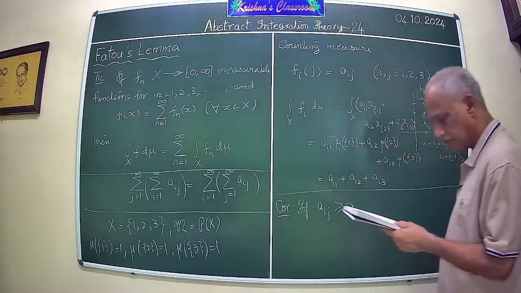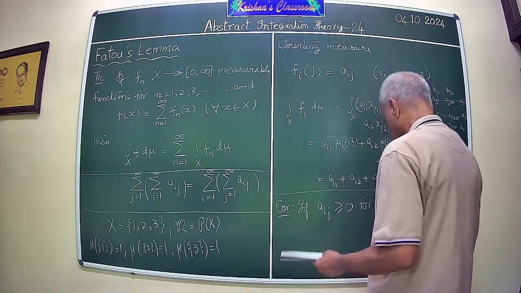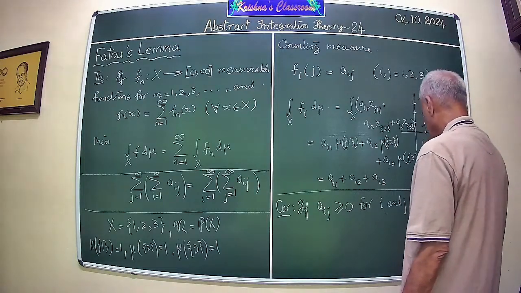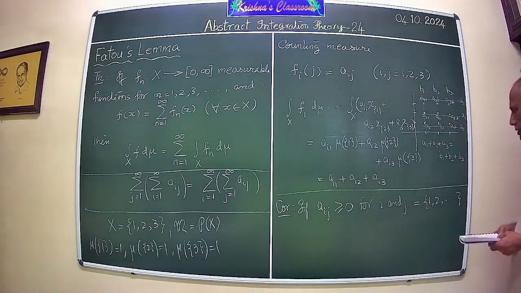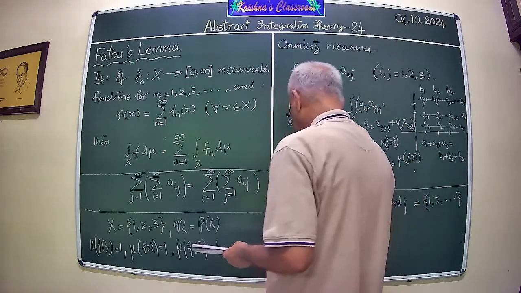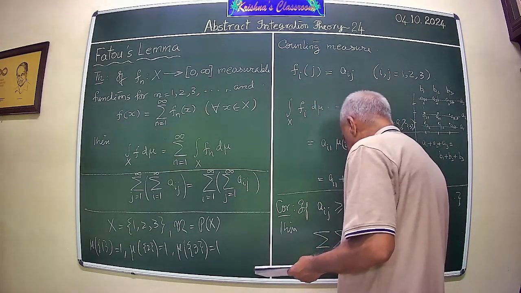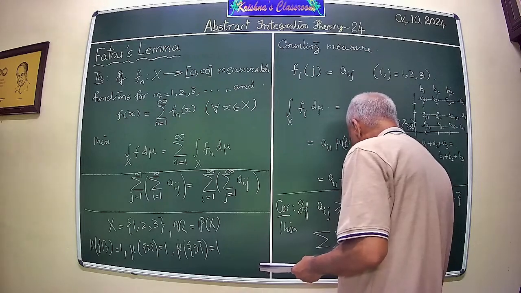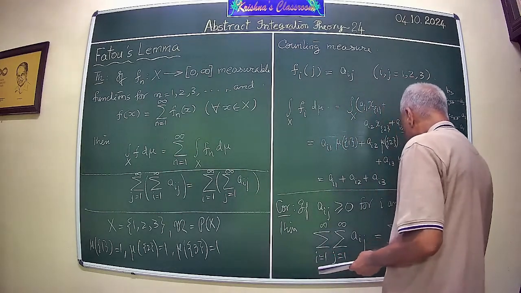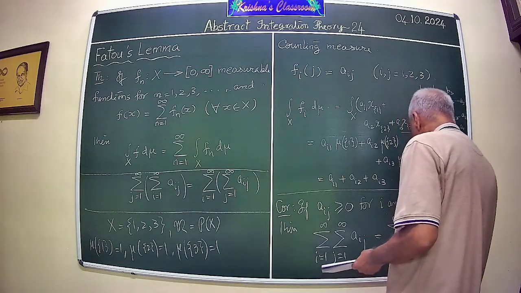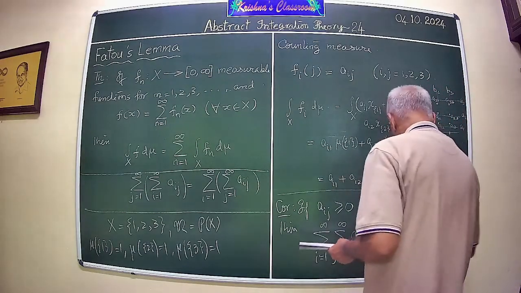If aij's are non-negative for i and j, i running from 1 to infinity and j running from 1 to infinity, then sigma i equal to 1 to infinity, sigma j equal to 1 to infinity of aij is equal to sigma j equal to 1 to infinity, sigma i equal to 1 to infinity of aij.